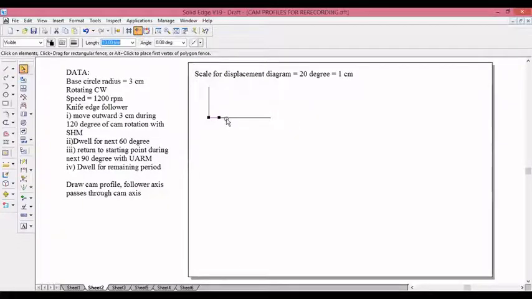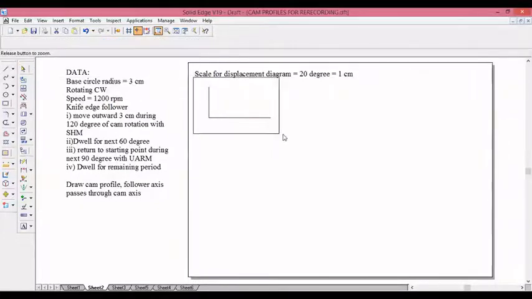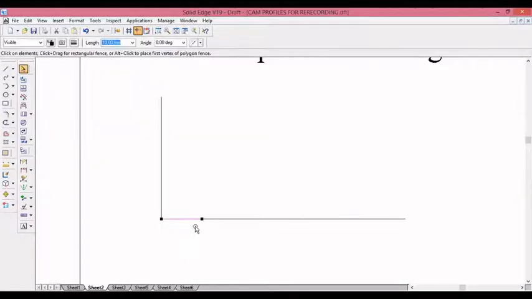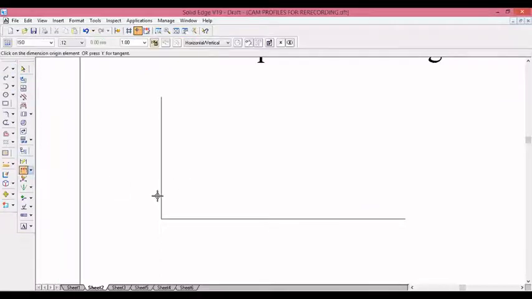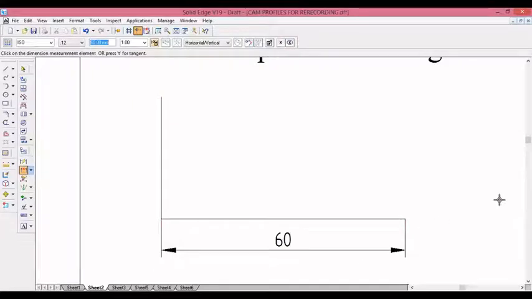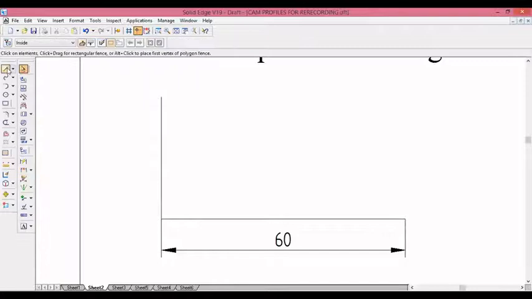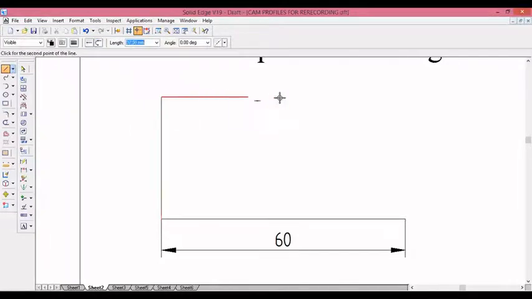See, 1, 2, 3, 4. I zoom in for your easy viewing. 1, 2, 3, 4, 5, 6. So totally the distance between the vertical line and the last end point is 60 mm. And you draw a 60 mm horizontal line and complete this box.